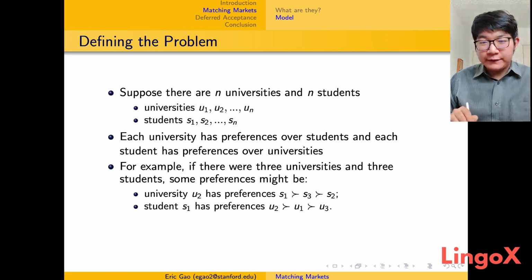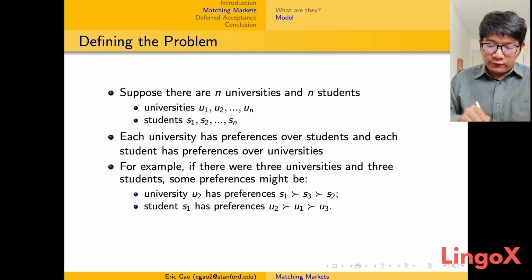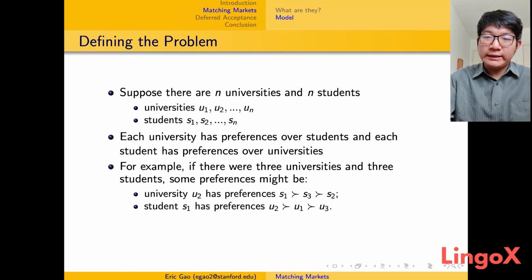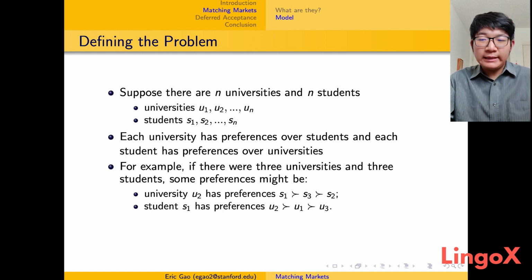So this kind of fancy greater than sign just represents that student 1 is preferred to student 3, who is preferred to student 2, for university 2. And for all intents and purposes, you can interpret this as just a greater than sign. But technically speaking, these are students, not numbers, so you have to use a slightly different notation. But the intuition is the same, right? Student 1 is greater than student 3, who is greater than student 2, for university 2.